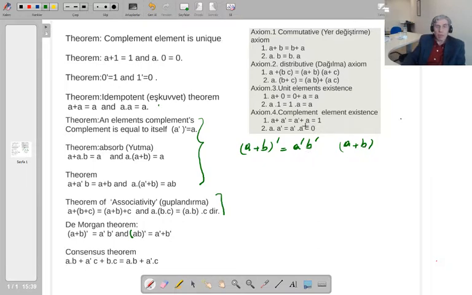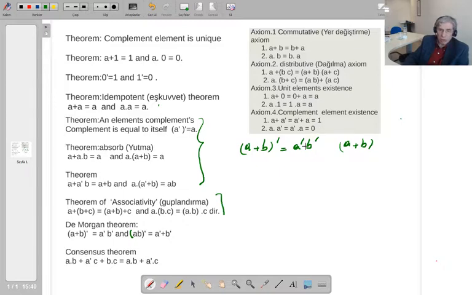For the prime element definition, we use these two axioms. What this axiom says is that an element and its complement must be equal to 1. Otherwise, this A' is not the complement. If it is the complement, it must have that property.